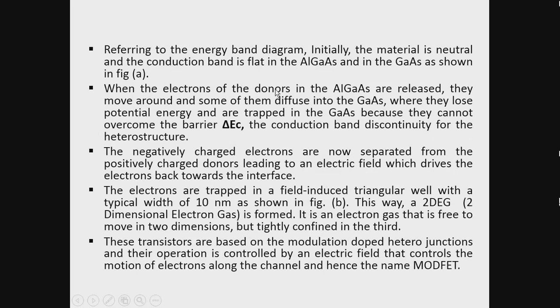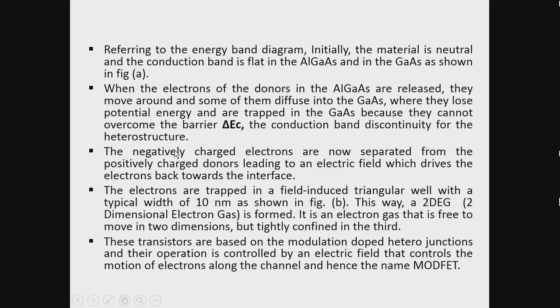When the electrons of the donors in the aluminum gallium arsenide are released, they move around and some of them diffuse into the gallium arsenide, where they lose their potential energy and are trapped in the gallium arsenide because they cannot overcome the barrier delta EC, the conduction band discontinuity of the structure.